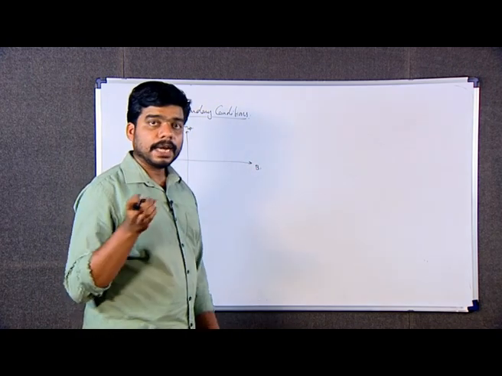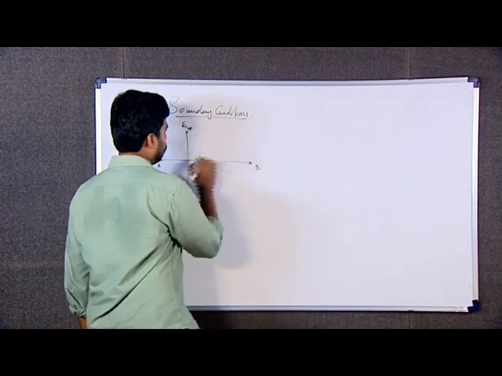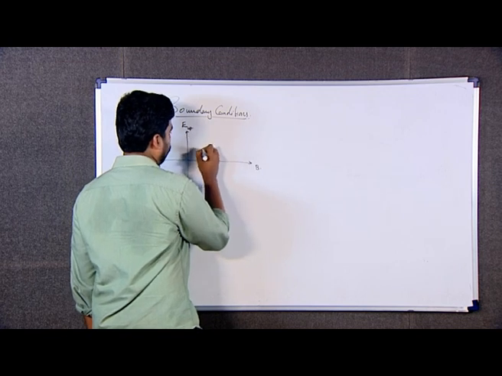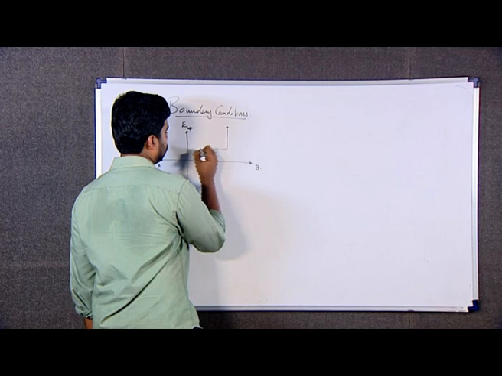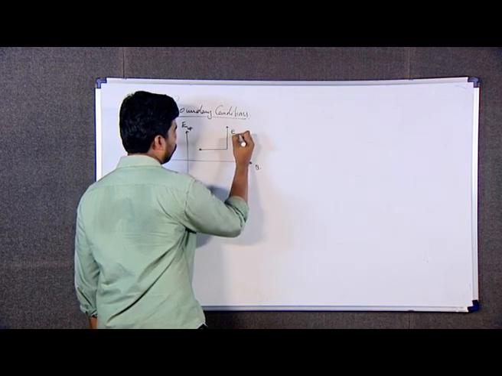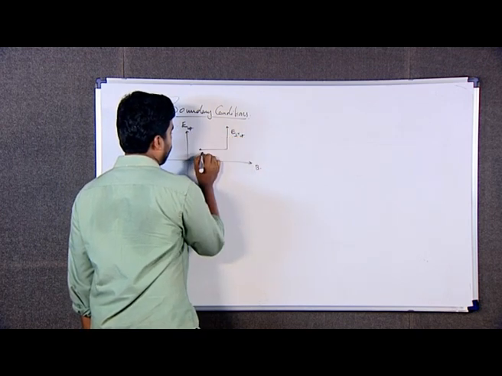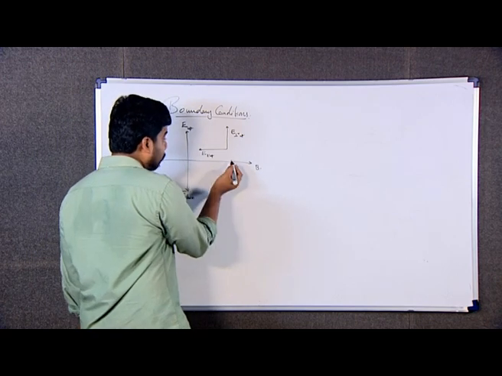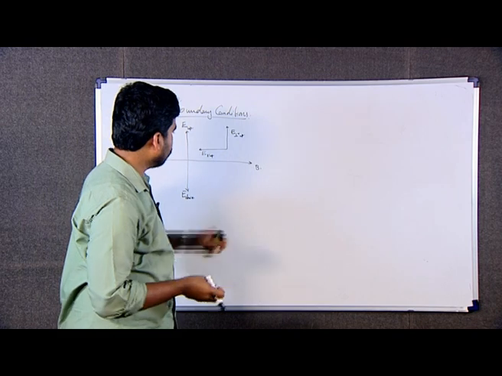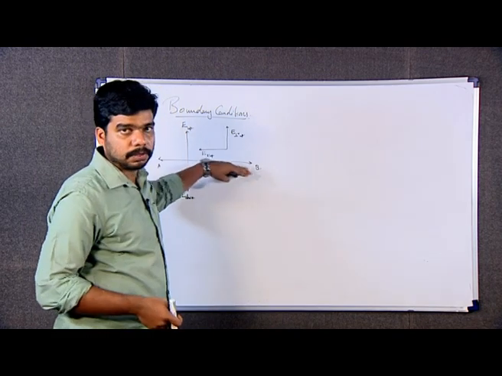This upper electric field is divided into two components: the perpendicular component, E perpendicular up, and E parallel up. The parallel component means the component parallel to this boundary.